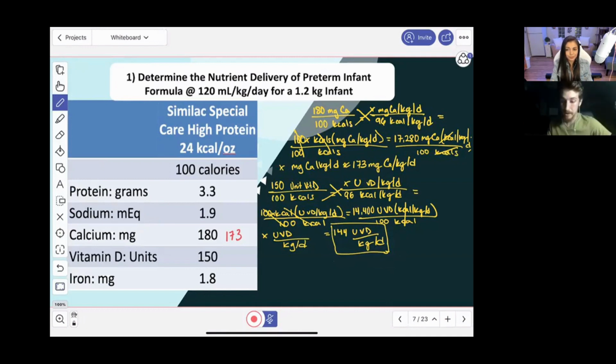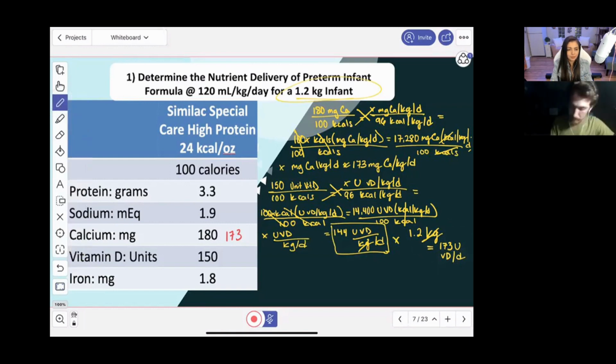And where do we get that? Well, we just take another look up here at the 1.2, and that's going to be our factor here. So we're going to multiply what we just got times 1.2 kilograms. And then the kilograms are going to cancel. And that's going to give us a total of 173 units of vitamin D per day. So that's our actual answer.